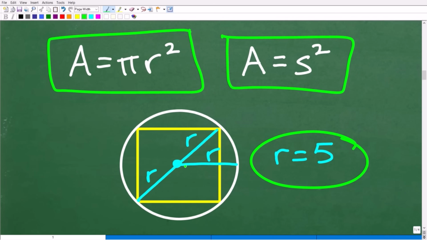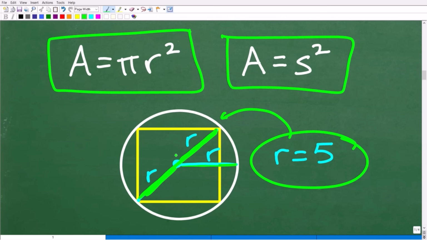Now, when you think of the radius, a lot of you were probably thinking in terms of this, or maybe you had your radius going this way, but we can also form the radius from the center along the diagonal of the square. If you visualize it this way, this right here is the radius, that's half of the diagonal, meaning that from here to here is the whole width.